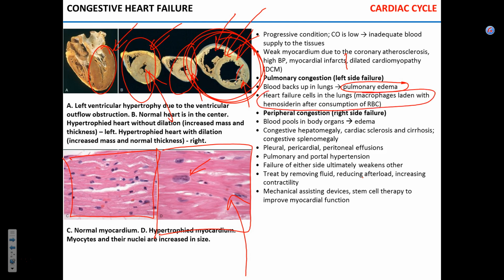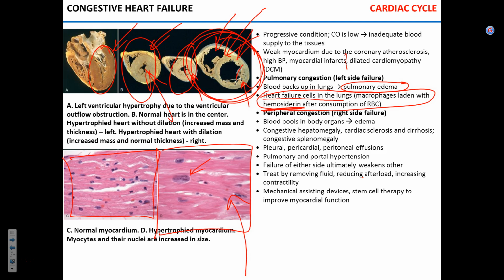And if you take an aspirate from the patient's lungs, you can find distinguished heart failure cells. When blood will start to seep from the pulmonary capillaries into the alveoli of the lungs, your alveolar macrophages will start to consume red blood cells and will acquire a bunch of the protein called hemosiderin, which contains iron. And that gives a very clear clinical picture.